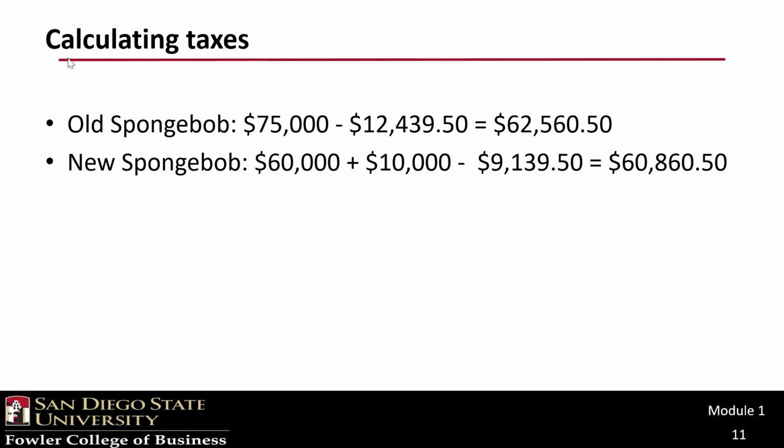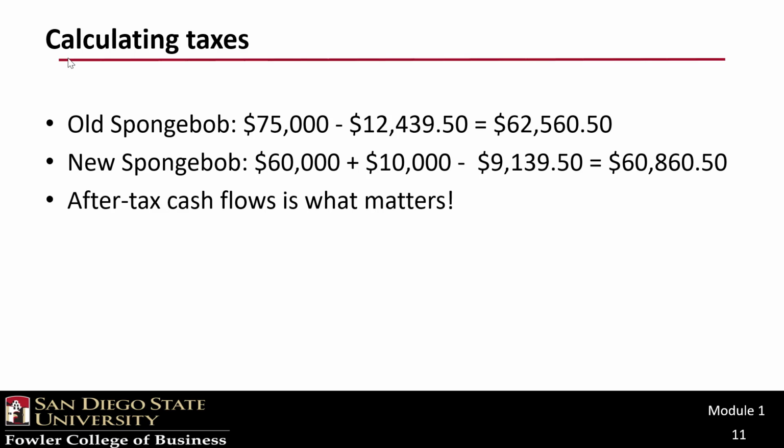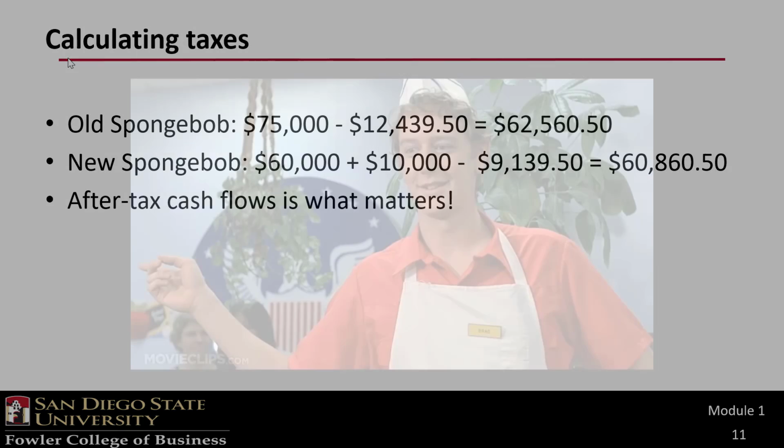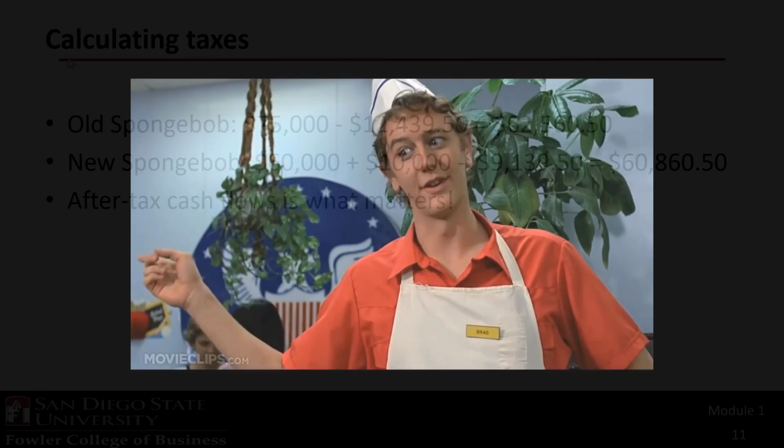Minus the $9,000 of taxes is $60,000. So really, at the end of the day, the average tax rate isn't a good indicator of whether SpongeBob is better or worse off. It's after-tax cash flows that truly matter. Learn it, know it, live it.